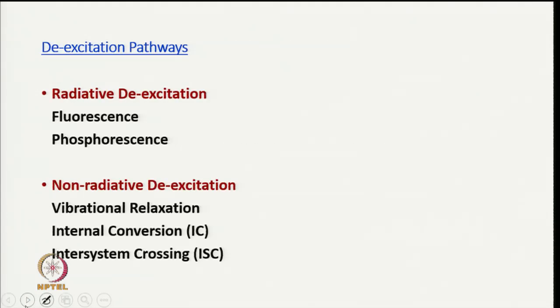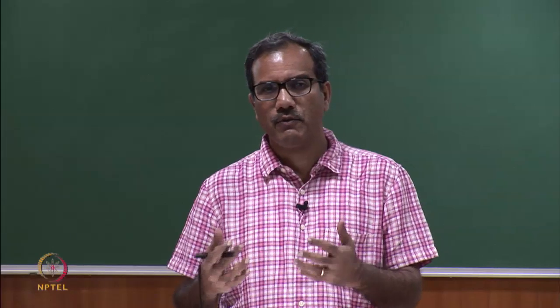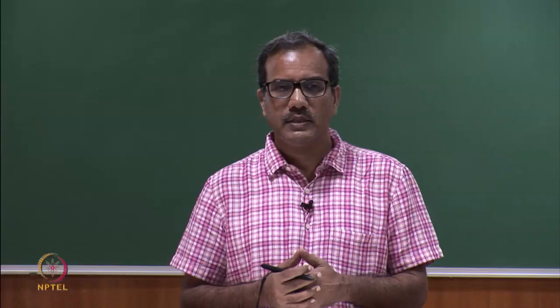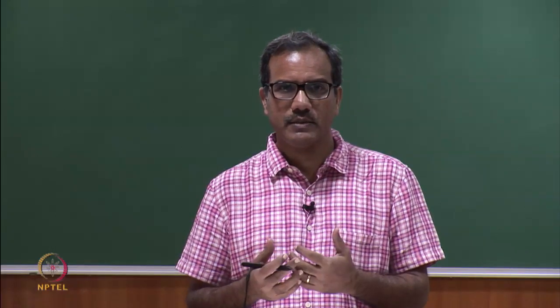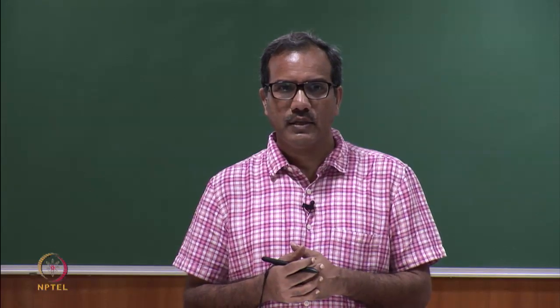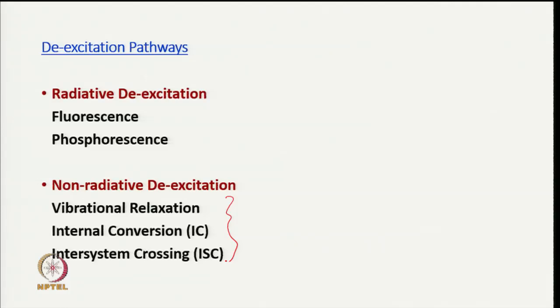The number of photons emitted is going to be less than the number of photons absorbed. This is because of the de-excitation pathways, which are due to vibrational relaxation, internal conversion and intersystem crossing.